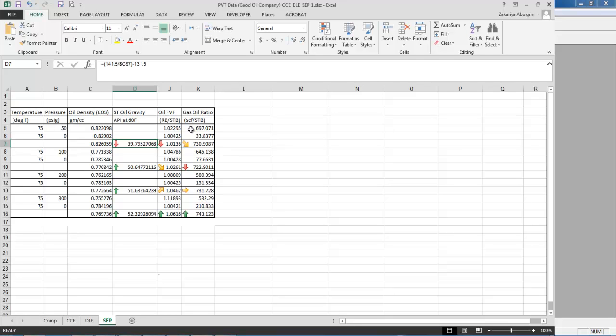But we found the lowest GOR was in the second condition and the lowest Bo was in the first condition. So it says like this one is optimum and this one is optimum. And that's wrong. So now we will say, okay, our equation of state is not able to predict the optimum condition as lab data.